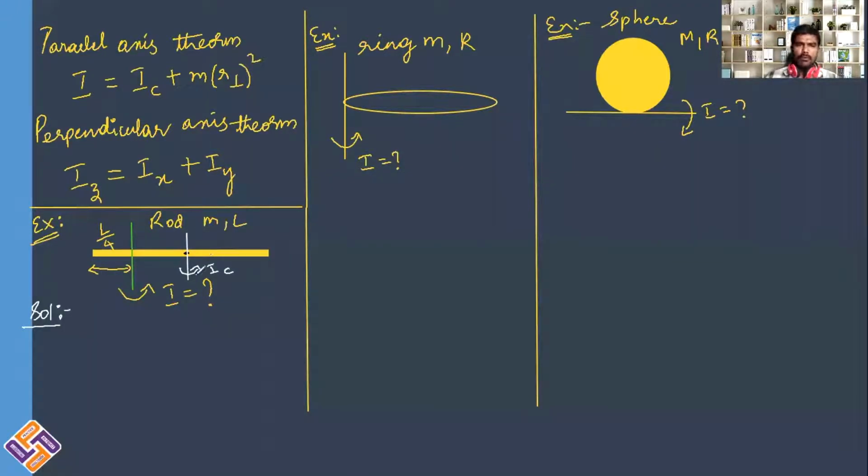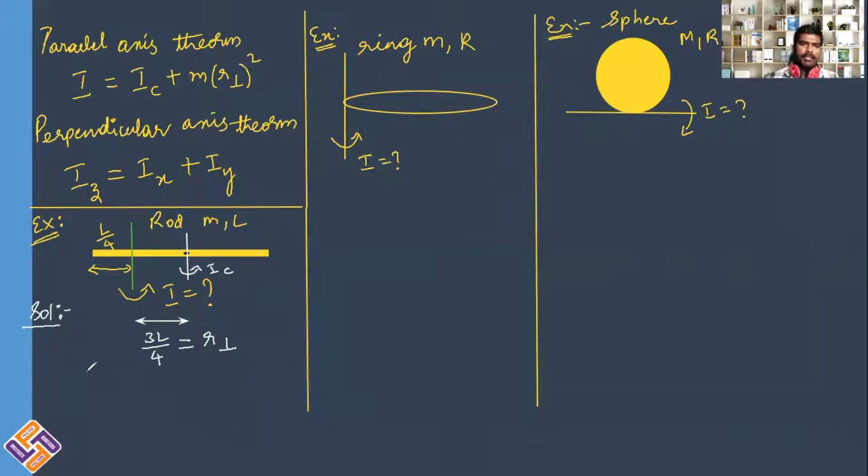Now the axis about the center and the given axis are parallel to each other, and the separation between these two axes is this length, and that length will obviously become 3L divided by 4, because from one end of the rod, if this axis is at L by 4, then this length should become 3L by 4. So this is equal to R, the perpendicular separation between the two axes.